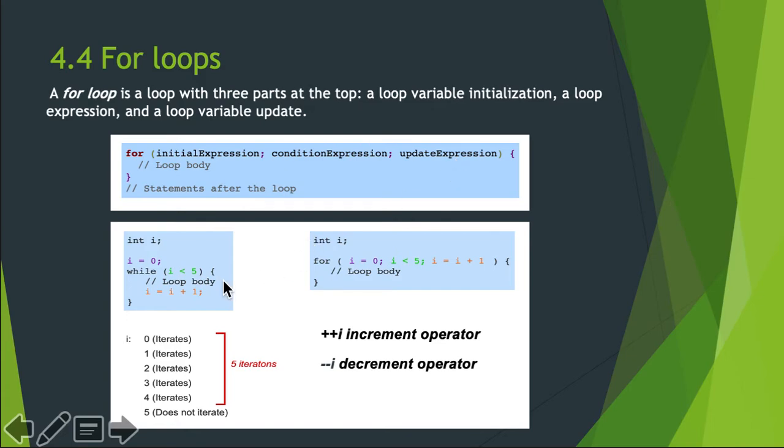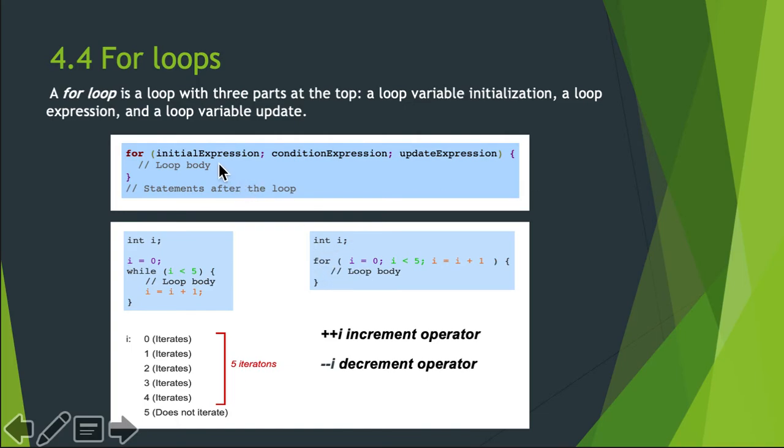In this case, it will iterate 5 times, when first i is equal to 0, and then it will increase by 1, iterating 1, 2, 3, 4, and 5 doesn't iterate. And this statement is equal to this statement.